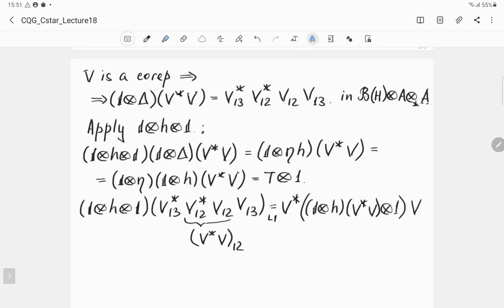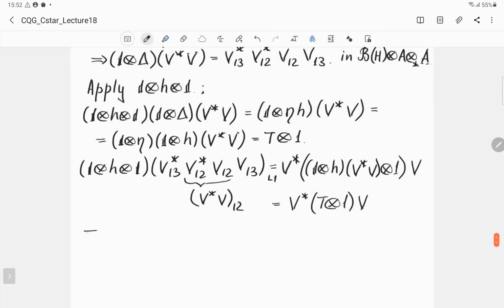And finally, we see that this element here is nothing but T. So this is equal to V star T tensor 1 V. And that's it. So we see that this element is equal to this element. So this implies that T tensor 1 equals the following element.